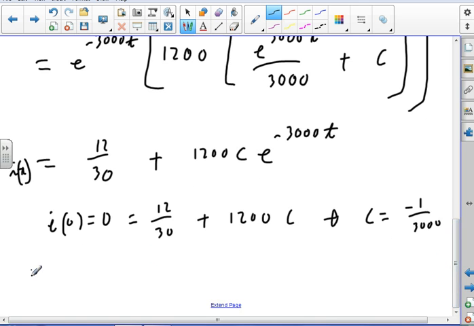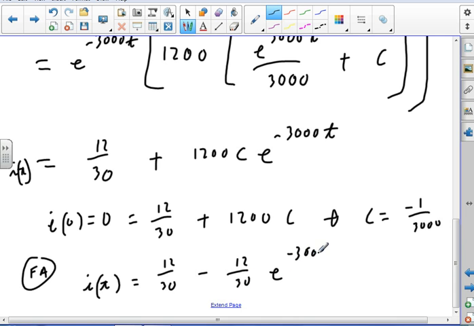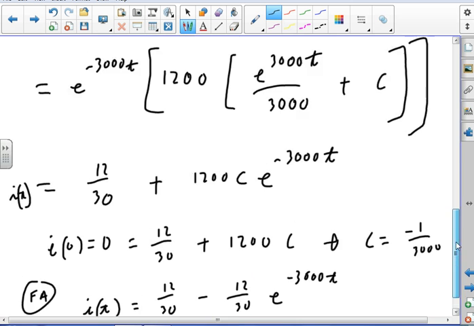Alright, so final answer. I of t equals 12 over 30 minus 12 over 30 e to the minus 3,000 t. So at the very beginning, my current is nothing.